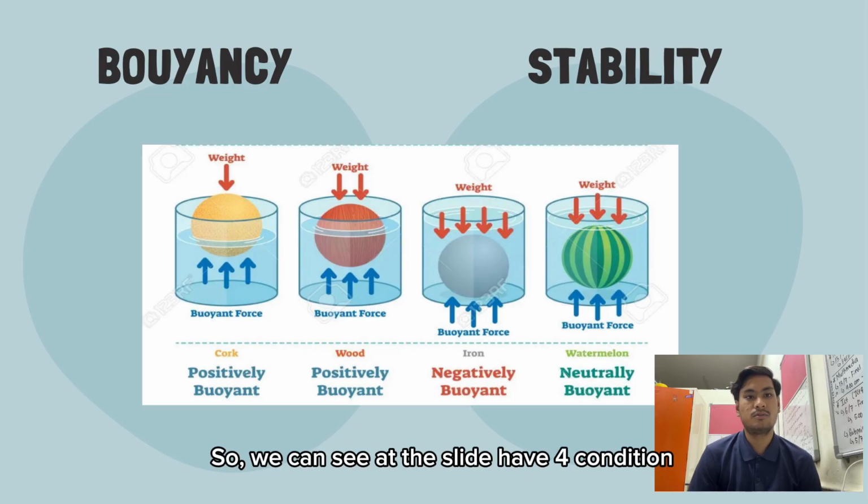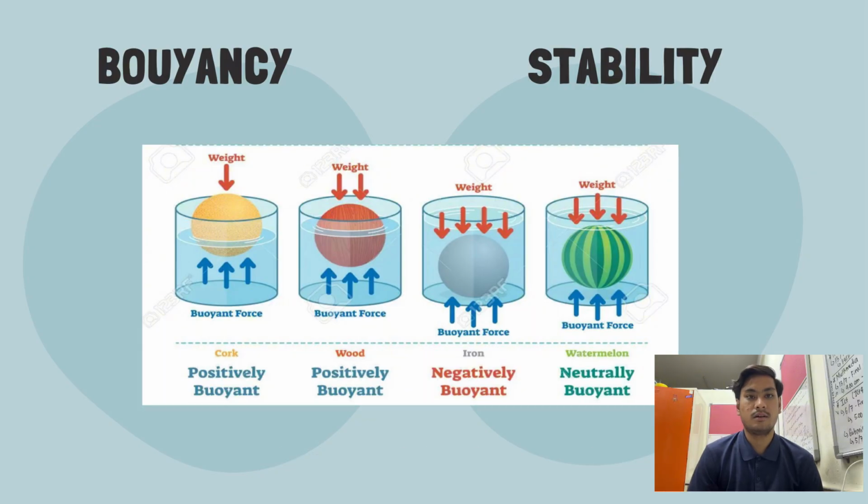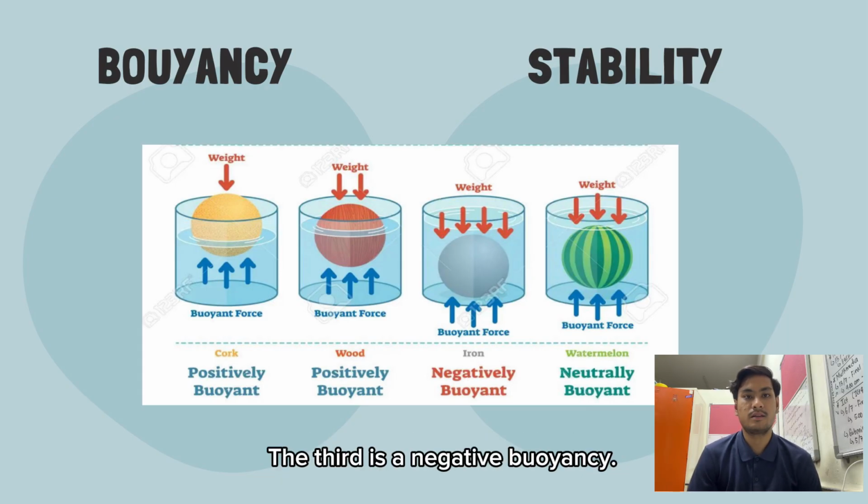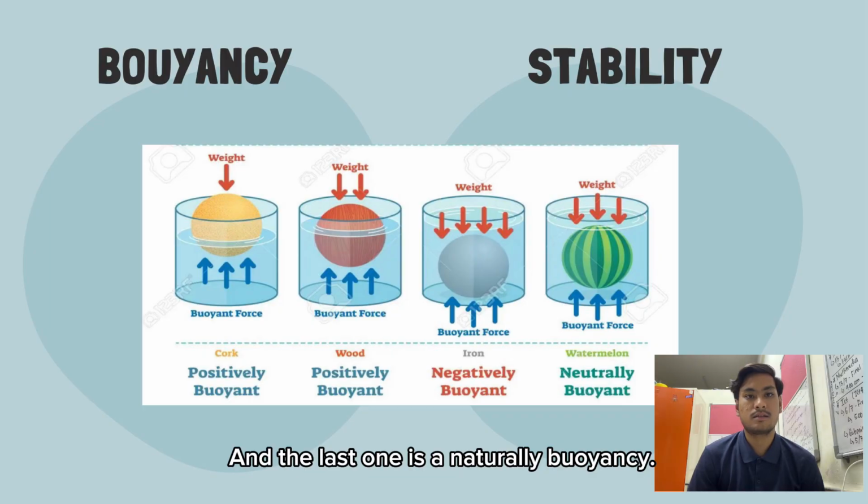Okay, so we can see on the slide there are four conditions with different objects in a container. Conditions one and two are positive buoyancy. The third is negative buoyancy, and the last one is neutral buoyancy.